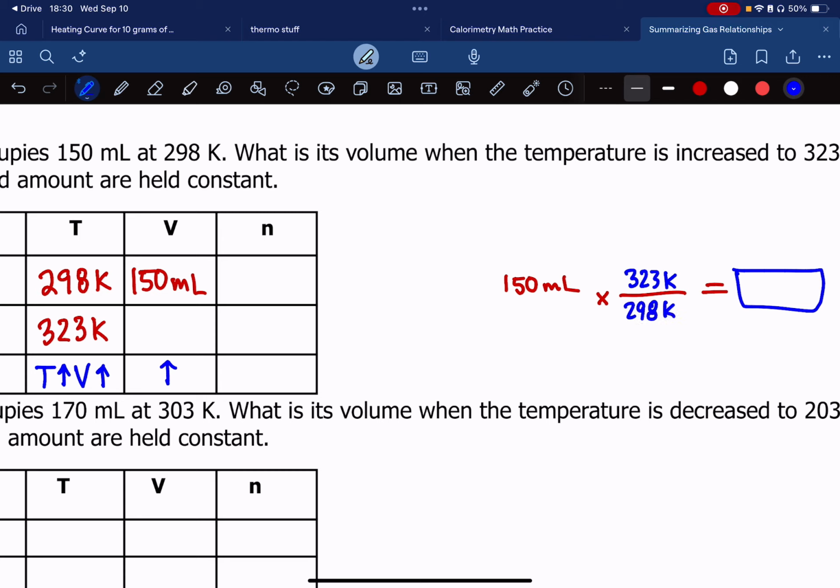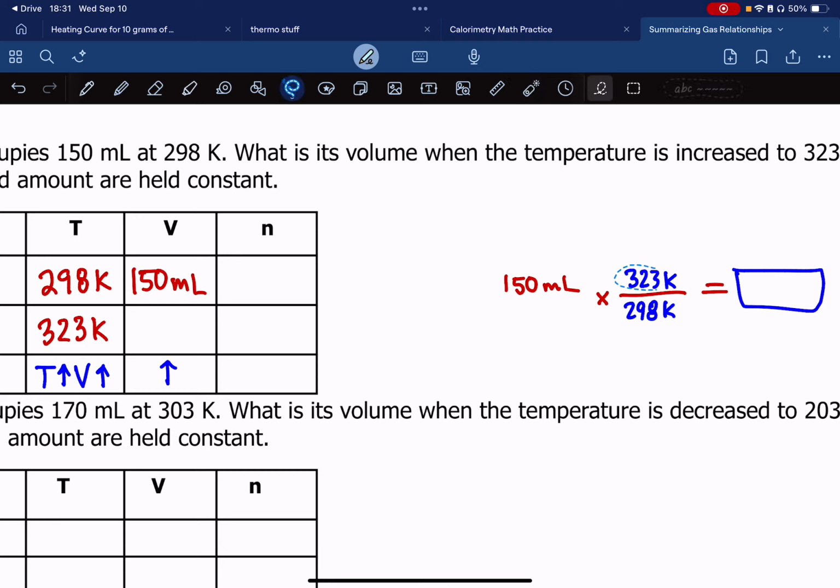Because if I put my bigger number on top, that makes this ratio greater than 1. And if I multiply 150 by a ratio that is greater than 1, then I'm going to get a number that is bigger than 150.